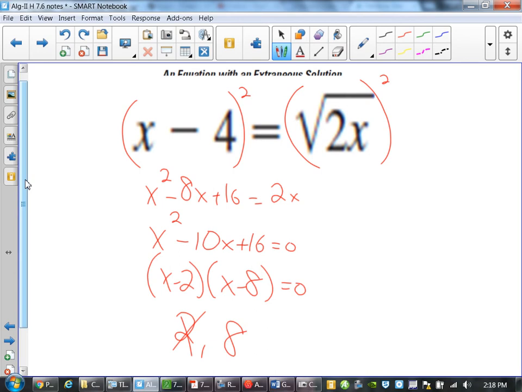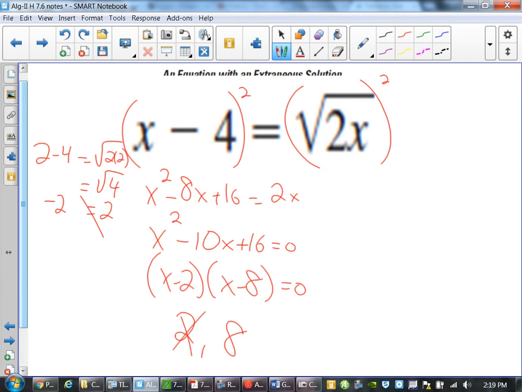Now the reason it's not plus or minus is because you didn't take the square root over an equal sign. Here you're just saying, does 2 minus 4 equal the square root of 2 times 2? The square root of 4 is 2, but it's not negative 2. You do plus minus when you take a square root over an equal sign.